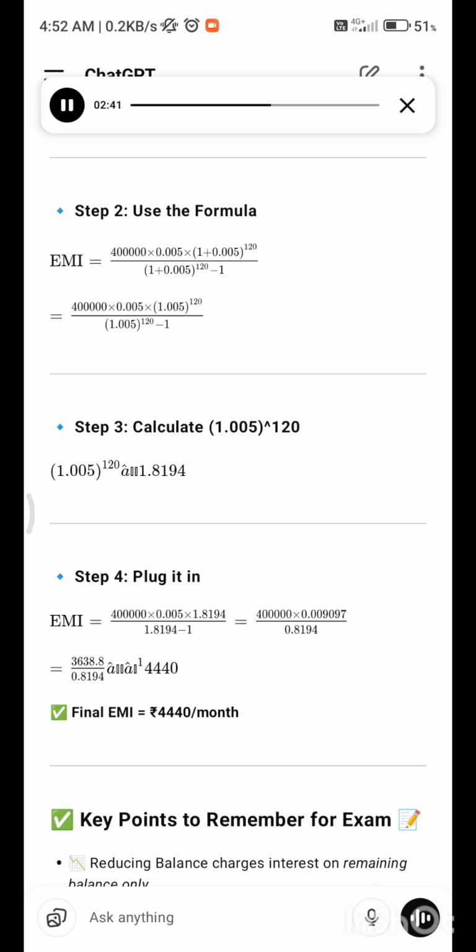Step 4. Plug it in: EMI equals 4 lakh times 0.005 times 1.8194, divided by 1.8194 minus 1. Final EMI equals about 4,440 per month.